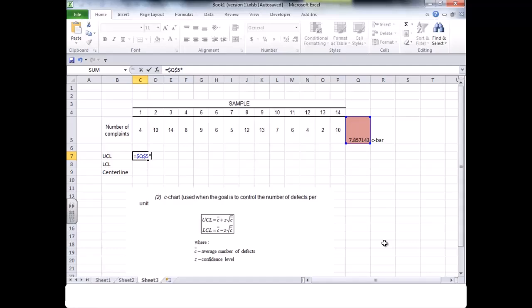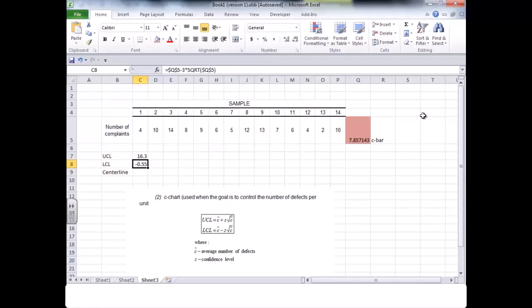Which translates into what confidence level? 99.7. 3 times the square root of C bar, which is Q5, absolute cell. Oh, sorry, this should be plus, not multiplication. That's why it's too high. That's more like it. Copy this down. Change the plus to minus.